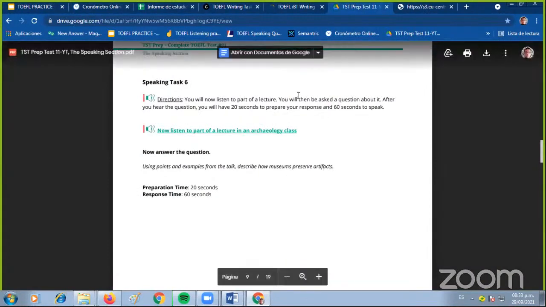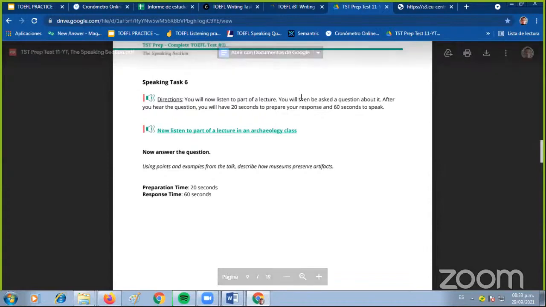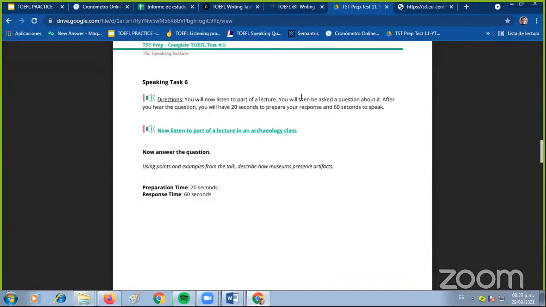Museums preserve artifacts in two ways. One, two, you can mention examples in one, you can mention examples in two, and then you can express a concluding sentence. You can say something like, okay, those are the ways museums preserve artifacts. That's it. Okay? So consider that.